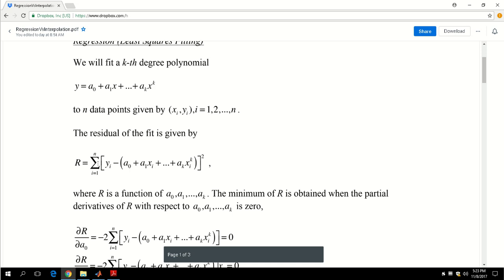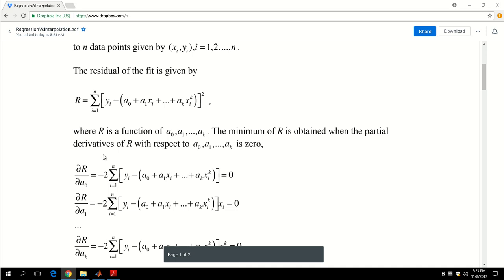If we have 20 data points, this is a summation over 20 data points. That's going to be the residual, so capital R is the residual. If we are doing a linear regression, the goal is to minimize R, and R is defined in terms of the square of the difference in the y-axis. That's R.